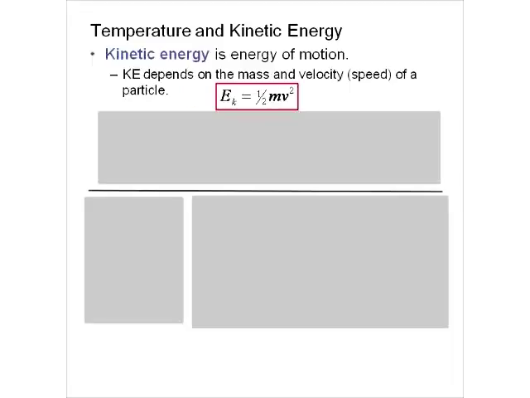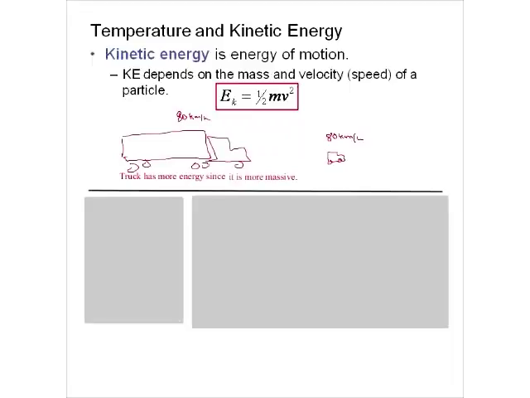Now, we're not getting into any calculations with that, but a practical application is this: we've got a transport truck cruising down the highway at 80 kilometers an hour, and a little tiny smart car cruising down the highway at 80 kilometers an hour too. Which one has more kinetic energy?